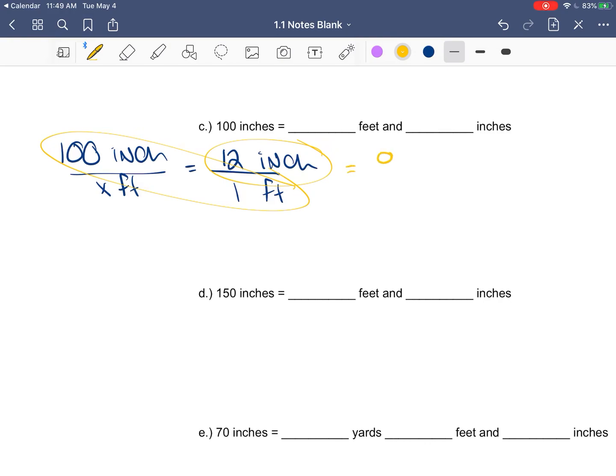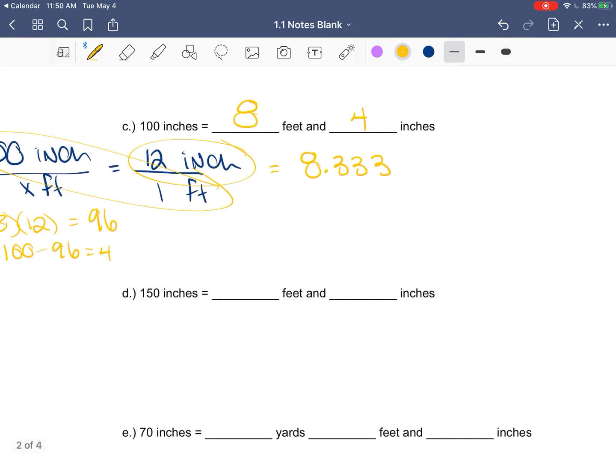We get 8.333. So 8 full feet went into it. Every foot is 12 inches, so I've used up 96 of my inches so far. So 100 minus 96 is equal to 4. So there's 4 inches left over.